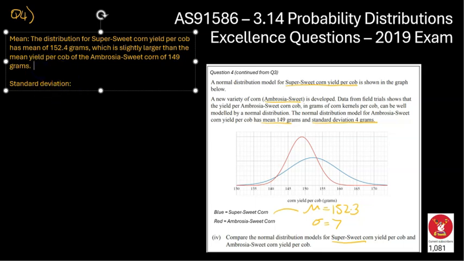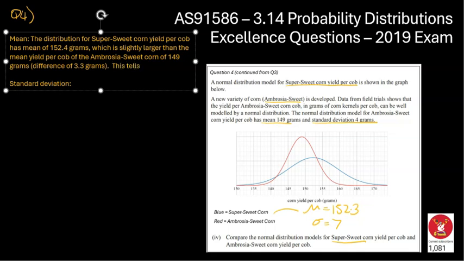So now let's just quantify it. So let's talk about the 3.3 grams. So maybe we'll just write in brackets here, difference of 3.3 grams. So what does this mean? This means the super sweet corn, on average, will produce more corn per cob than the Ambrosia sweet corn. And that's basically what we're trying to say here.